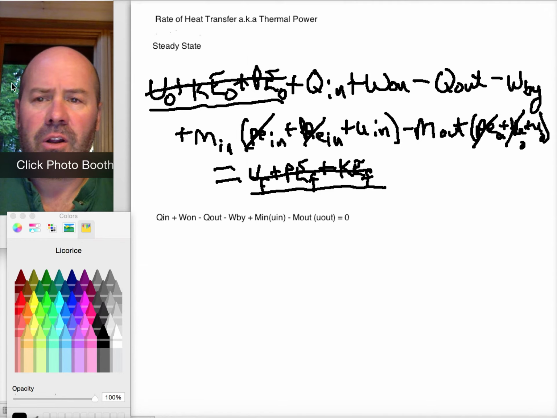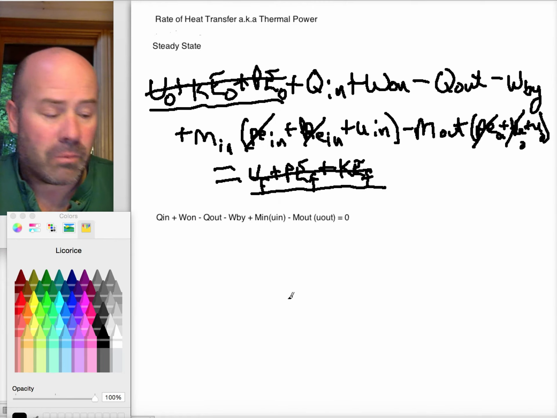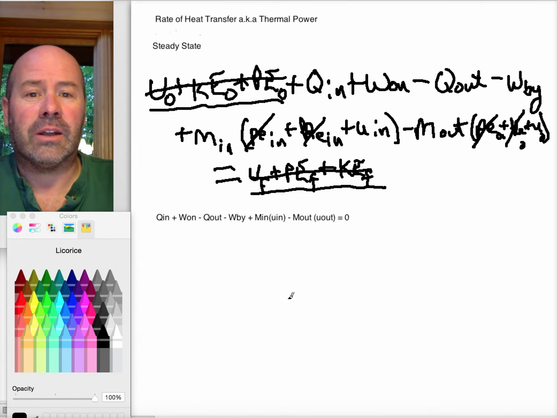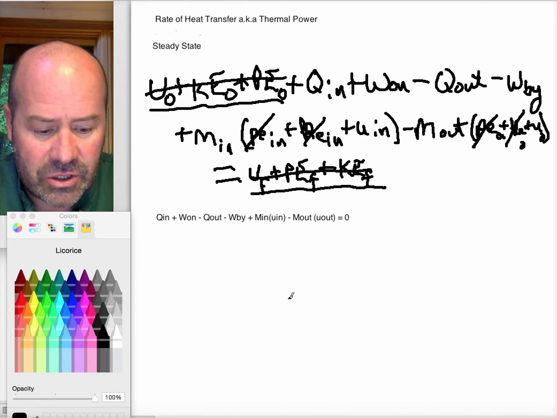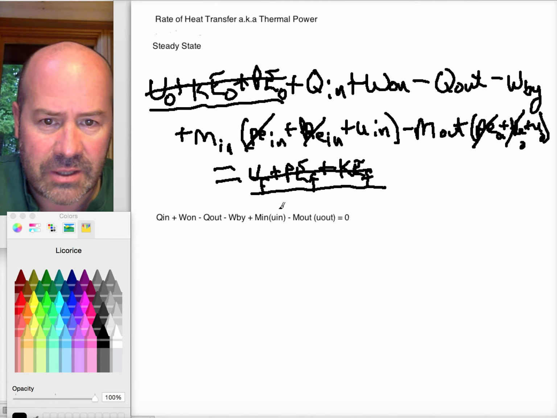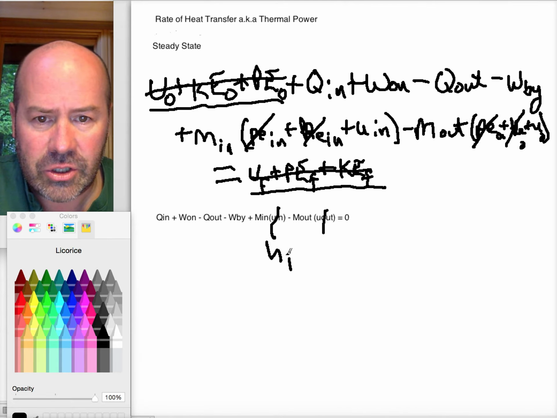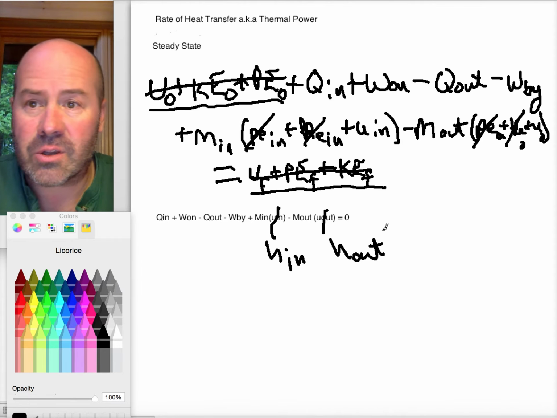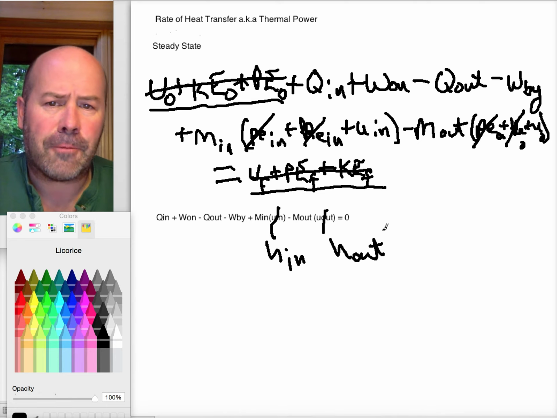In fact, the internal energy would be better written as the enthalpy. I'm going to change my equation here. When you write this down, instead of putting u, let's put h in and h out, for the reasons that we talked about in the enthalpy video.